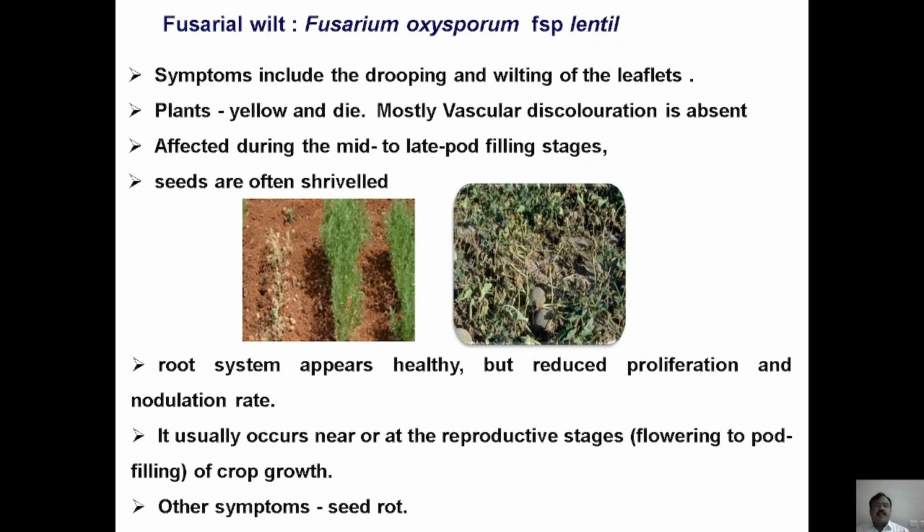First one is the fusarial wilt caused by Fusarium oxysporum, form of species lentis. The symptoms include yellowing, drying and drooping of the infected plants, besides wilting of all the leaflets, which are the primary symptom of this disease.